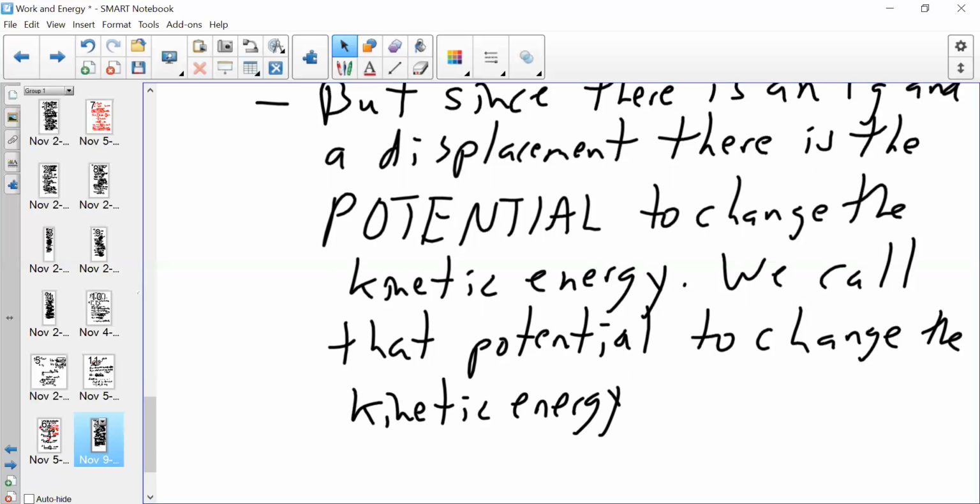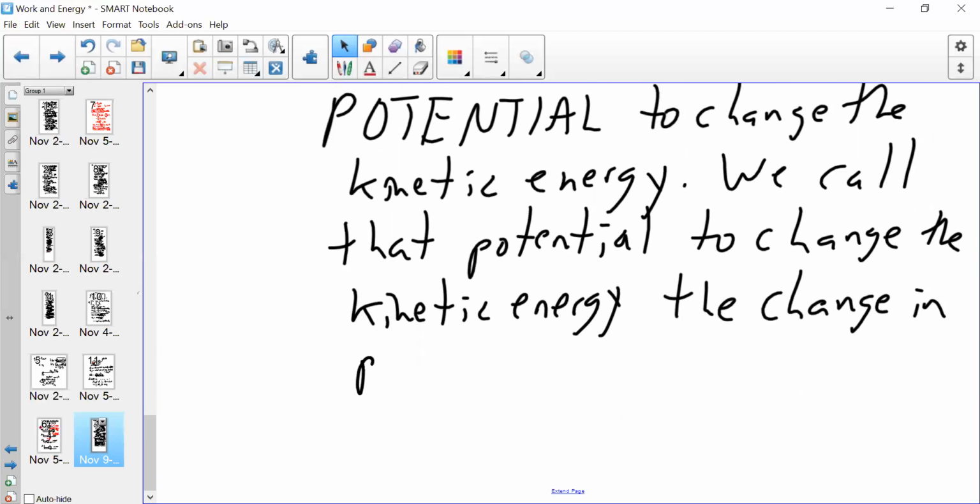Since we, by default, have stated that there is a potential to change the kinetic energy, that potential we call change in potential energy.